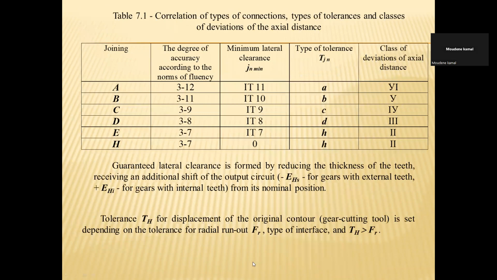Next, on the next slide, you can see table 7.1. It's the correlation of types of connection, types of tolerances, and classes of deviations of the axial distance.